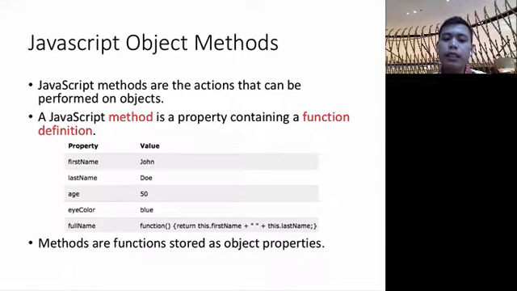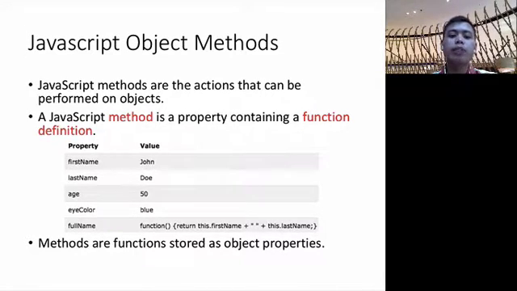The property fullName can actually be given a value of a function: function(), and in the curly braces, the code to be executed is return this.firstName + " " + this.lastName.